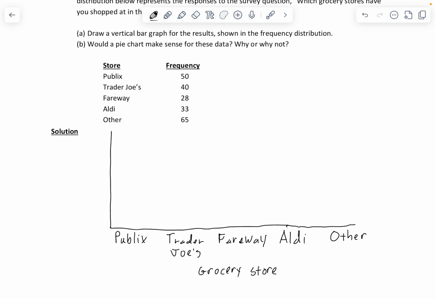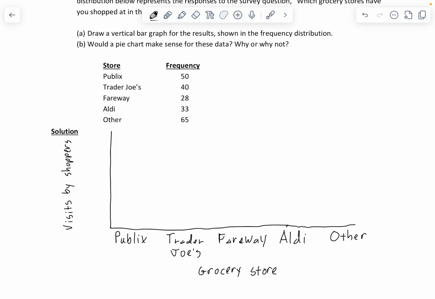And then my other axis, the vertical axis, represents the frequency. I'll write it sideways: visits by shoppers. So we clearly know what's being depicted here.